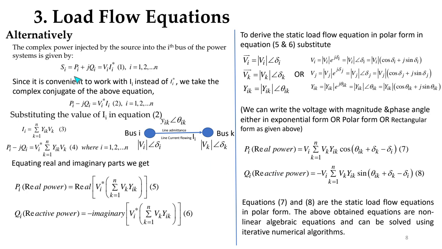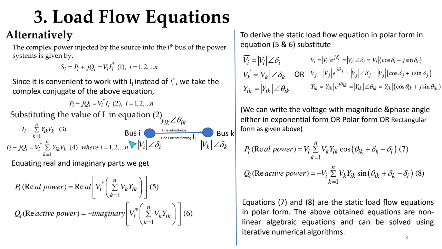As we know from the previous cases, your complex power is represented as Si equal to Pi plus jQi, which can be represented as Vi times the complex conjugate of Ii. Here you're substituting from the KCL, Ii equal to the summation from equation 3. So there is nothing changed up to here.